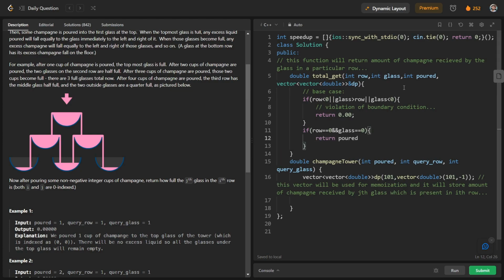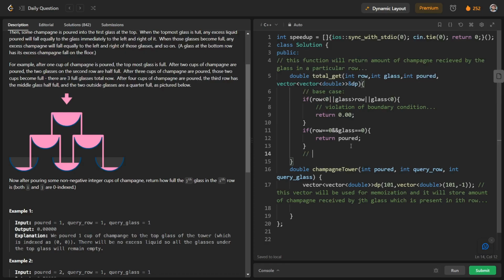If we are on the 0th row and 0th glass, and we are going to pour this amount of champagne, the total amount of champagne received by this glass will be nothing but poured itself.